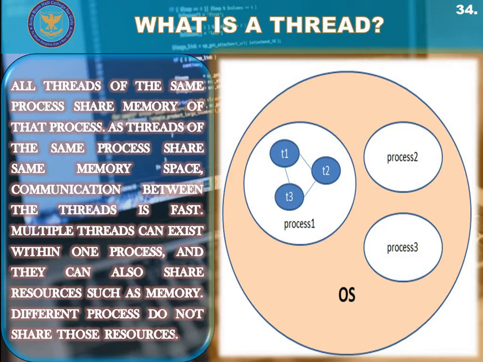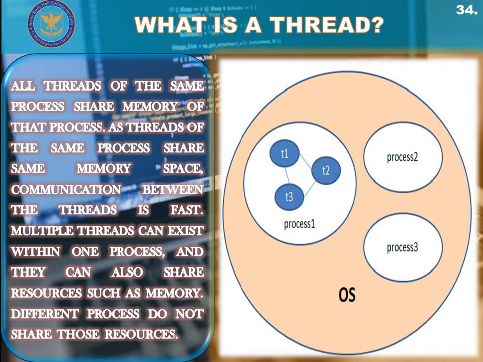A process can have multiple threads. Each thread will have its own task and own path of execution in a process. For example, in a notepad program, one thread will be taking user inputs and another thread will be printing a document. All threads of the same process share the memory of that process. As I told you earlier, a process is like a building, and threads are like its rooms.